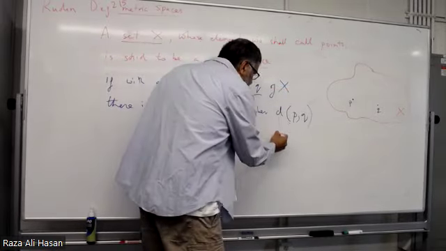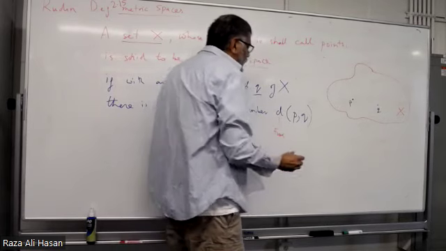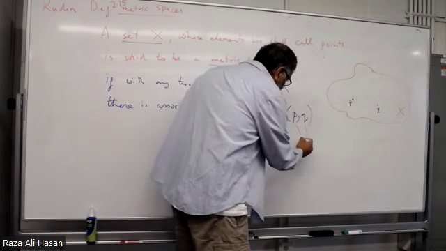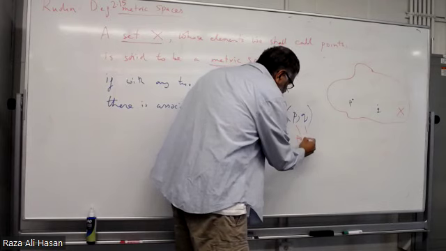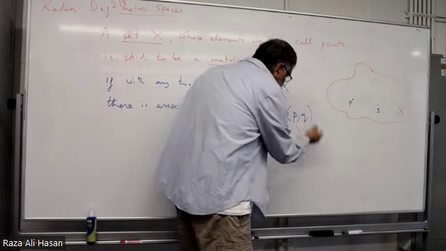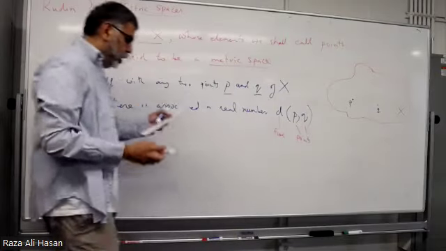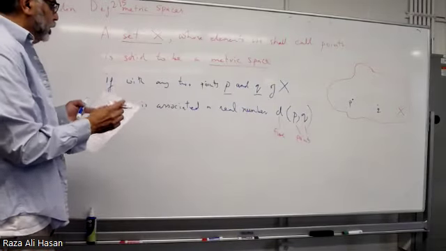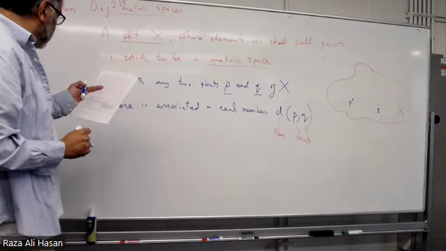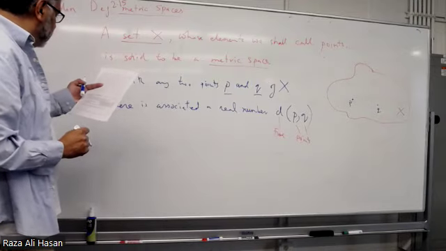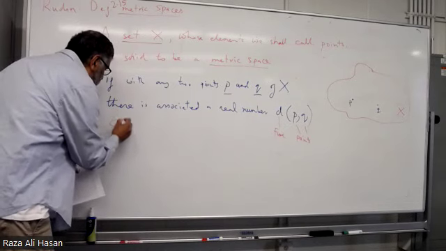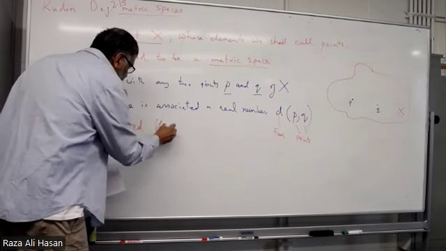Okay. So this is a function. And then these are the 2 inputs, 2 points that the function d takes, and it spits out a real number. All right. And this real number, so let's see, there is an associated real number called the distance.